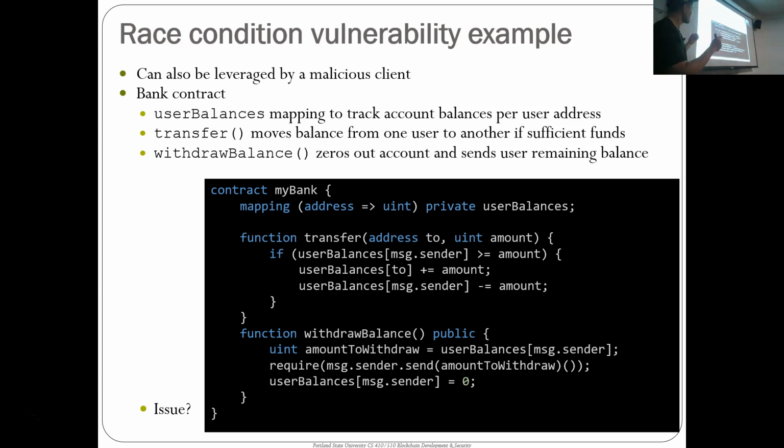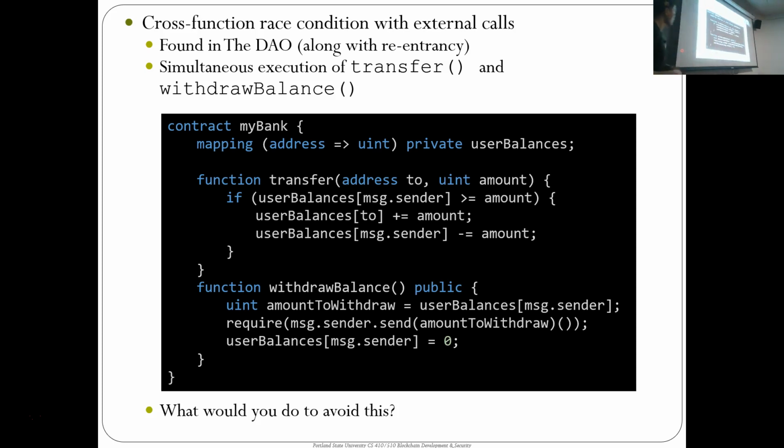You're basically updating both of these things in separate transactions, but the actual state change has to happen in the next transaction block. So that's the issue. This is a cross-function race condition, and it was actually in the DAO contract.